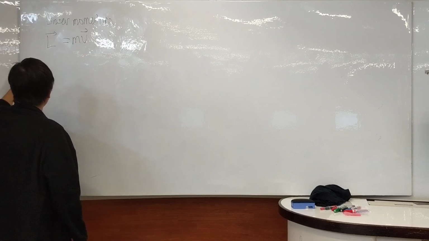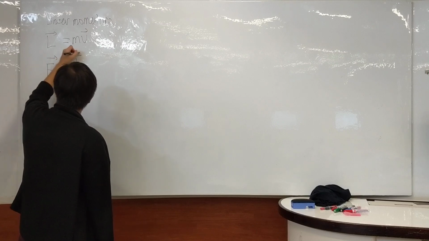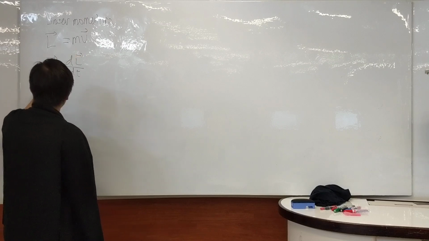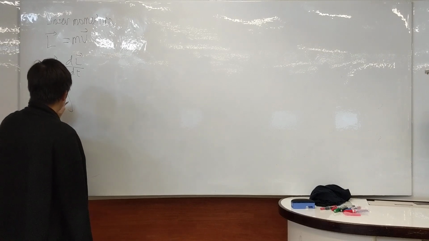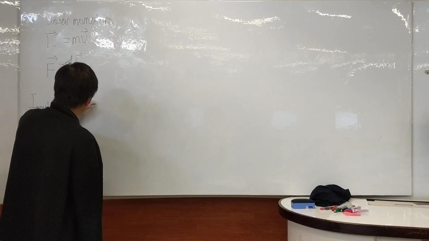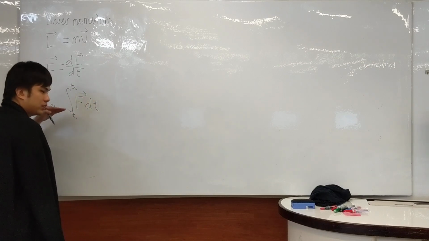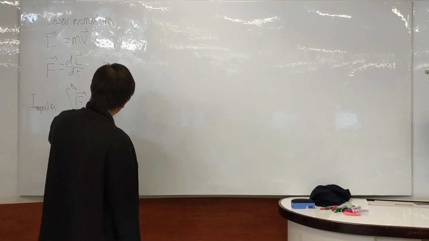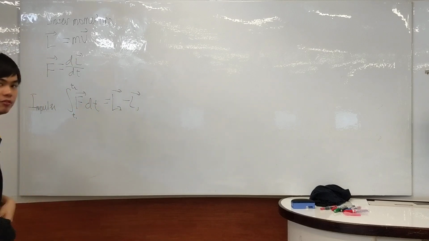Then we have the term where force is equal to the rate of change of linear momentum. And from here we can derive the idea of impulse, where the integral of F times dt from a certain time T1 to T2 is equal to the change in momentum across this time frame.